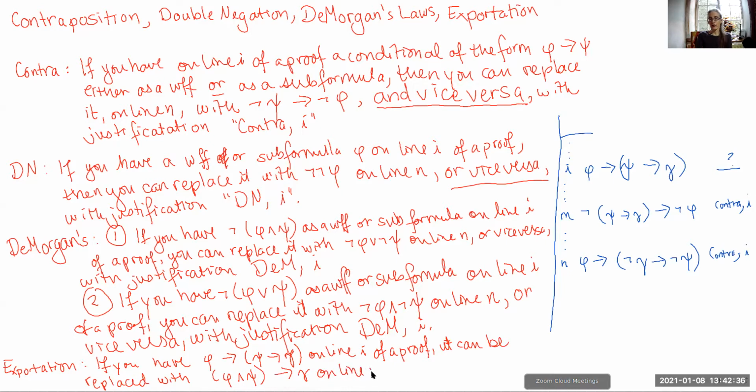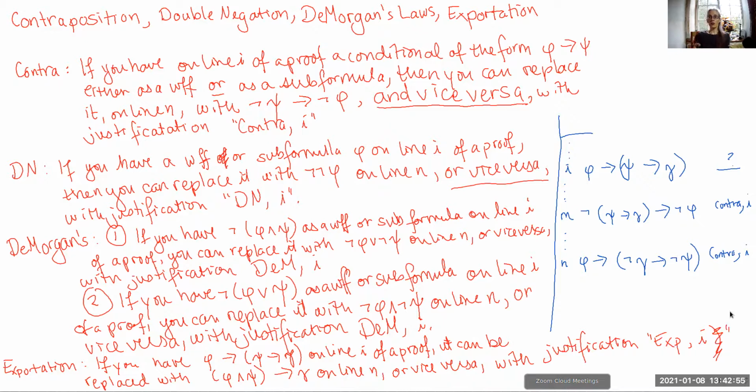And you can do this on line N, or vice versa, with justification. You can just write down exp instead of exportation on line I.